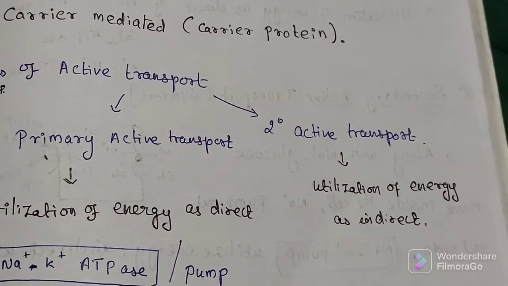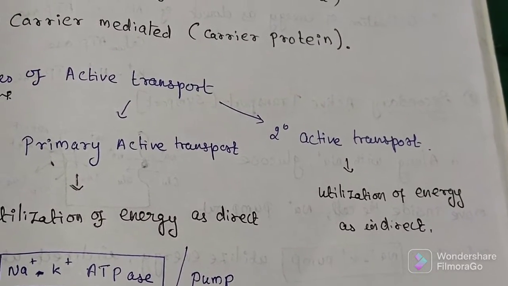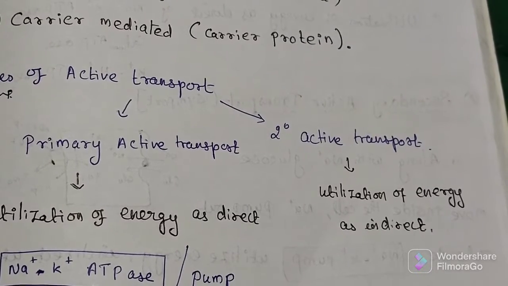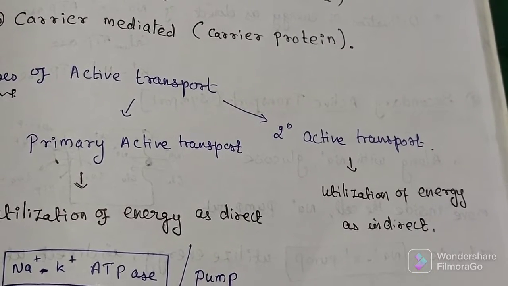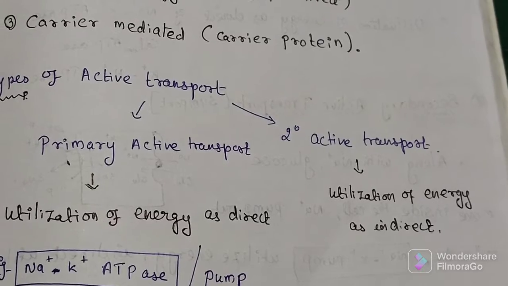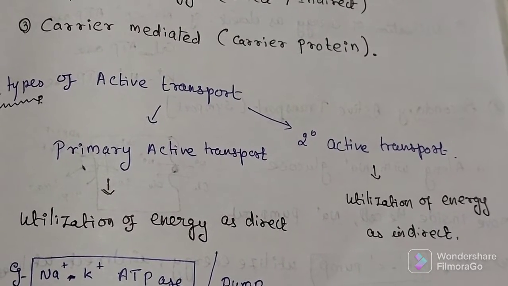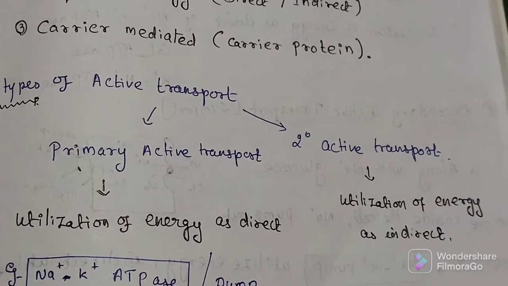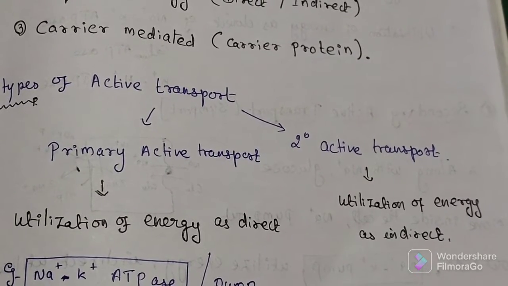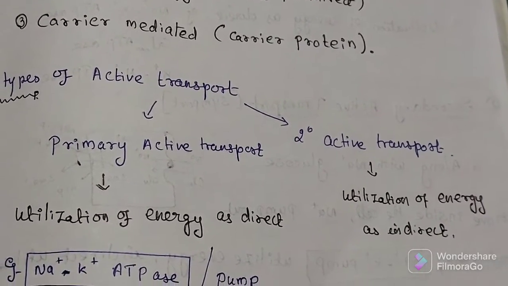Utilization of energy in an indirect way is known as secondary active transport.